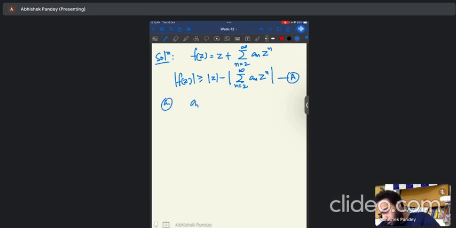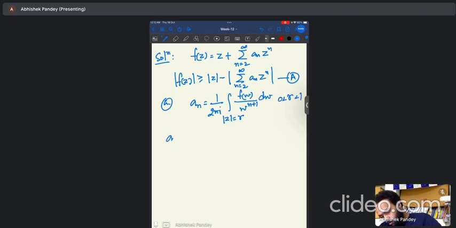So a_n we know that a_n = 1/(2πi) times the integral over |z| = r of f(w)/w^(n+1) dw, where r is between 0 and 1.